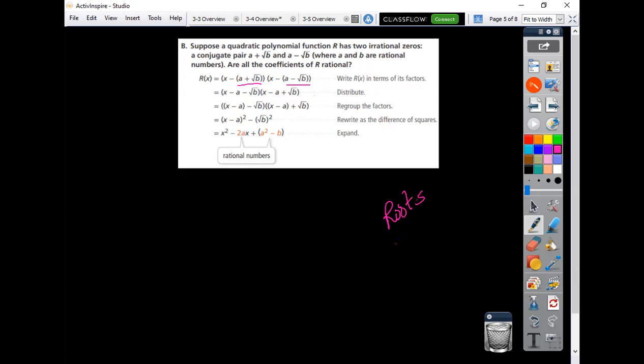So when your roots come as conjugate pairs, that turns the whole quadratic back into rational or real numbers instead of those irrationals with the square roots.